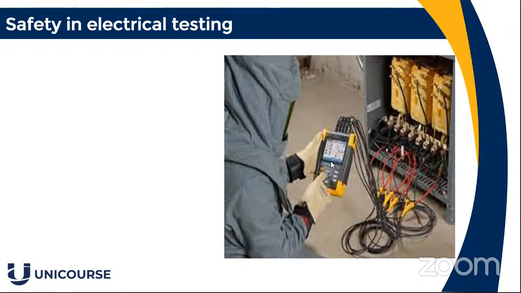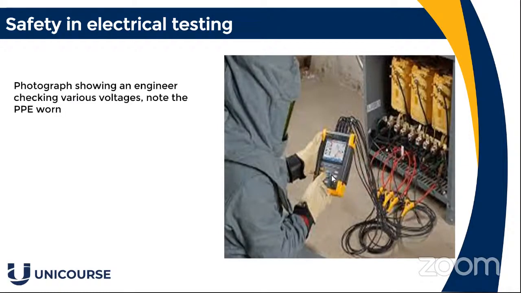It probably has a screen over here, giving the engineer some waveforms and various statistical information to say what is happening with the power at that point in the system. So if you are working on very high voltages, like this person is, they have to wear specialized gloves and also this type of clothing for protection.